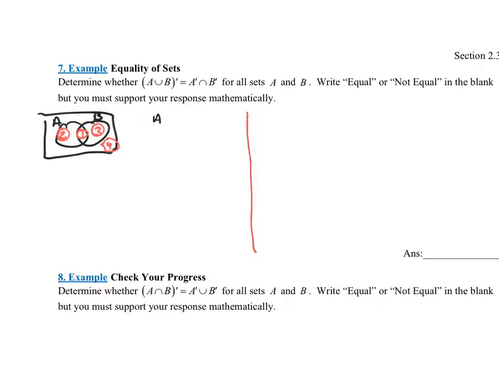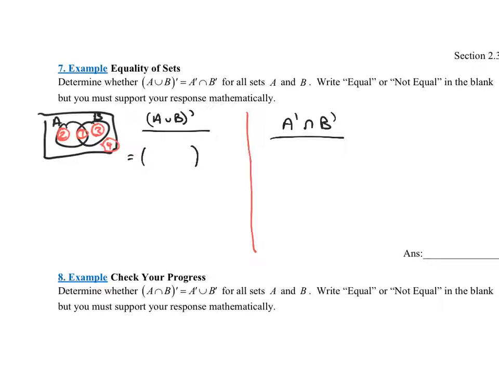Let's look at the first one, which is (A union B) complement, and then we're going to compare to that the regions of A complement intersection B complement. So let's think about this. (A union B) complement. Just like order of operations, we have to do inside the parentheses first. So A union B is what is in A or B or both?